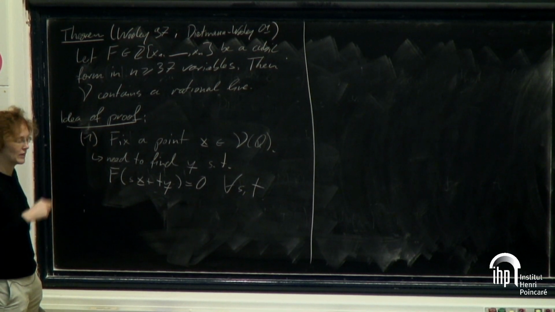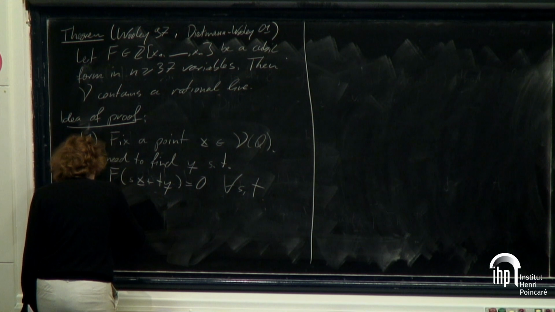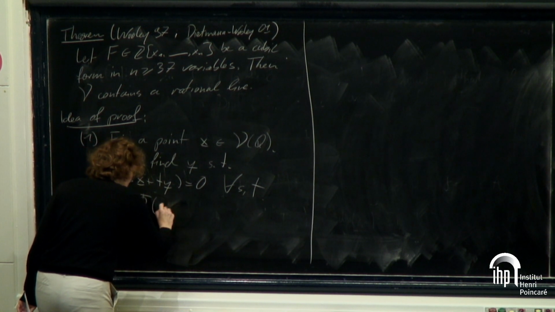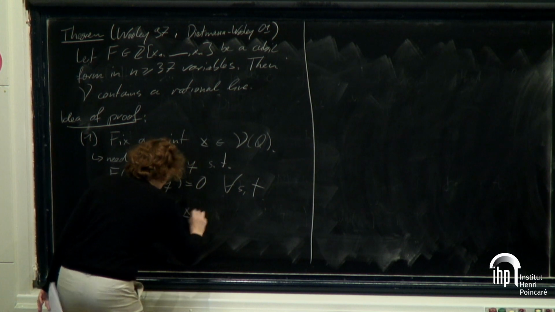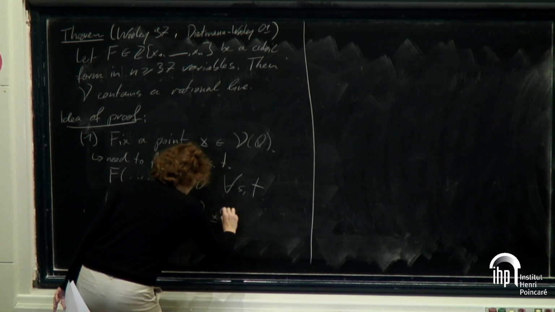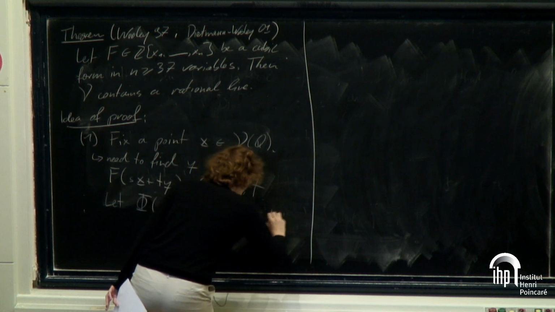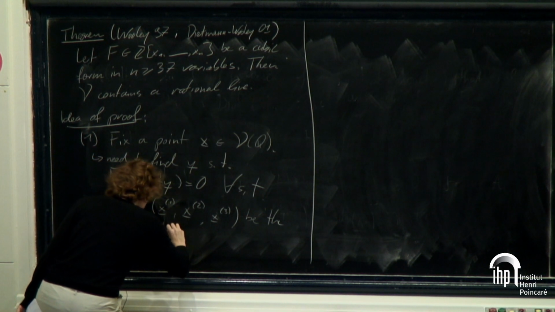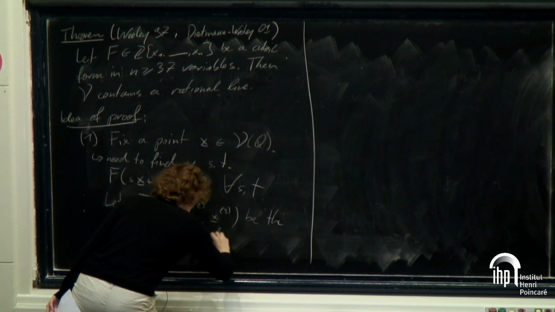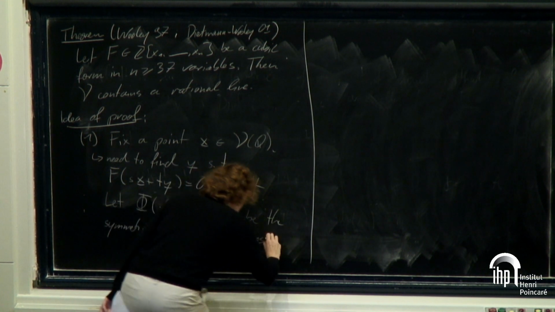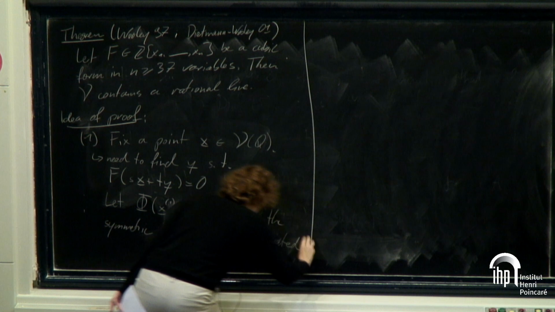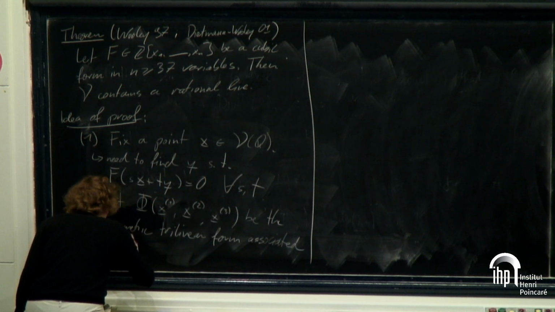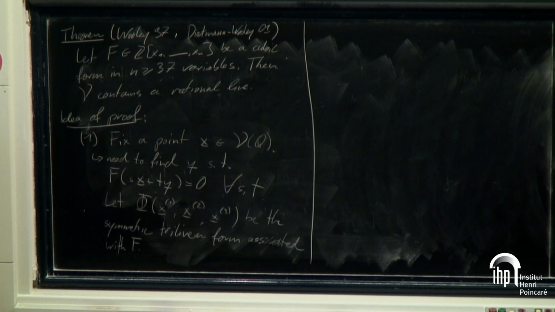And in order to write down what that is, this notation: let phi of x1, x2, x3 be the symmetric trilinear form associated with f, so that in particular we have phi of xxx is f of x.